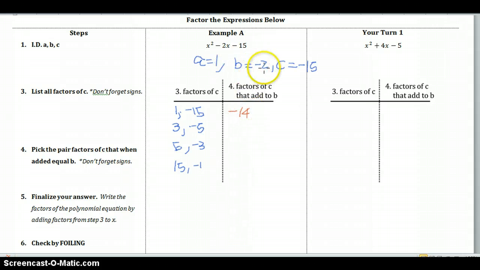Look at B. Our B is -2, so obviously 1 and -15 cannot be our factors. When I add 3 and -5 together, I get -2. Ta-da!